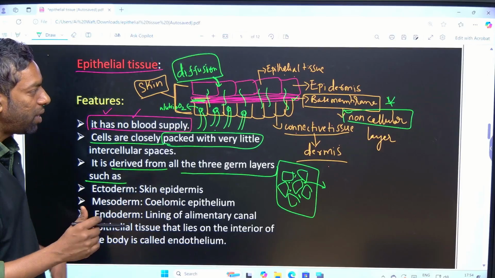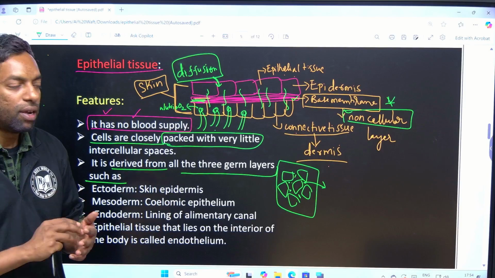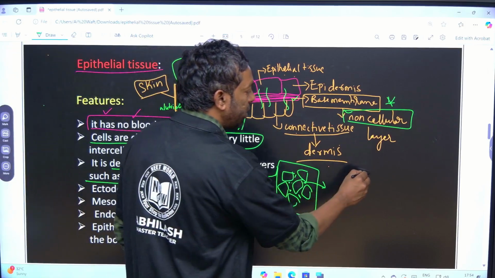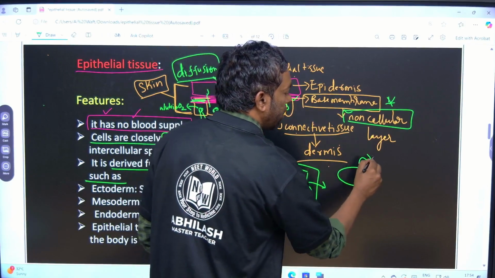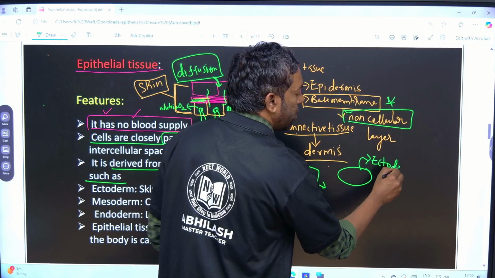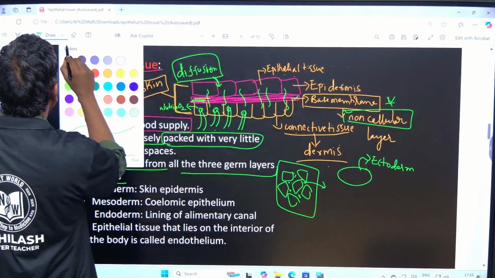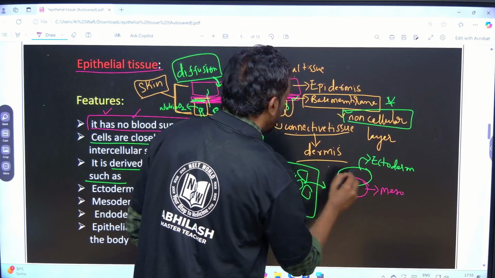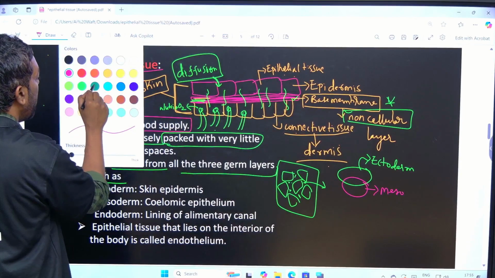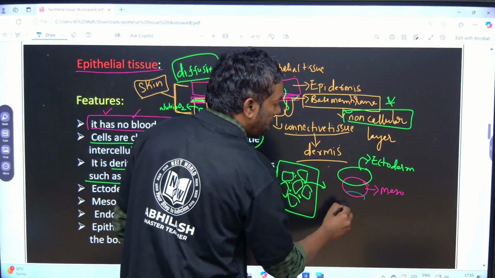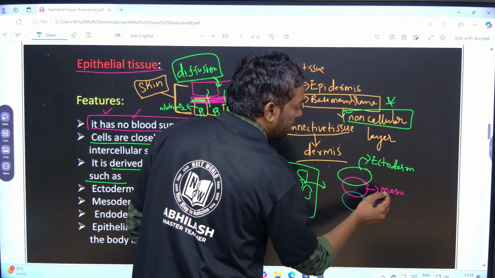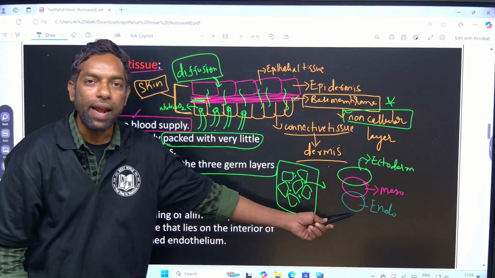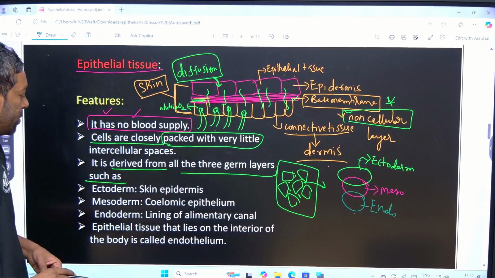As we discussed, epithelial tissue originates from the three germ layers: ectoderm, mesoderm, and endoderm. The epithelial tissue develops from these three germ layers.